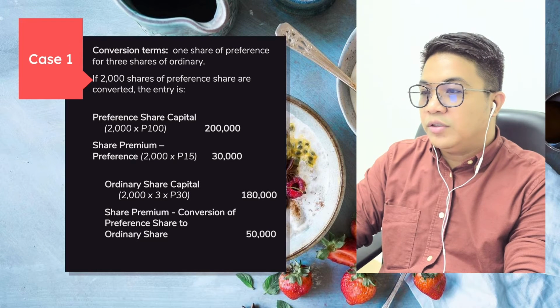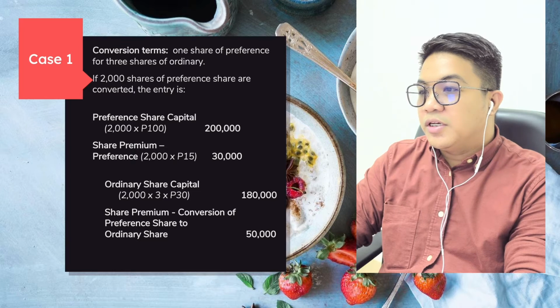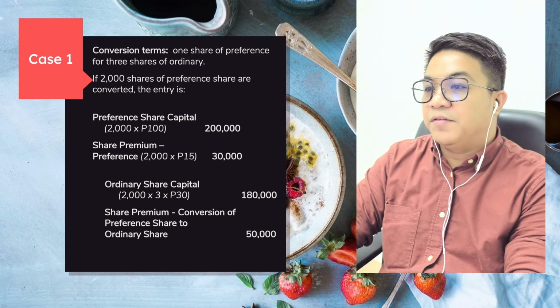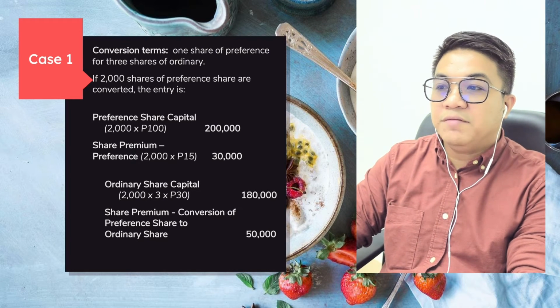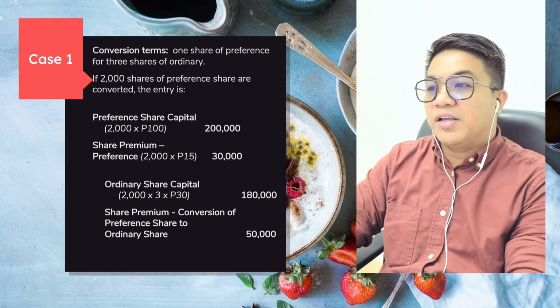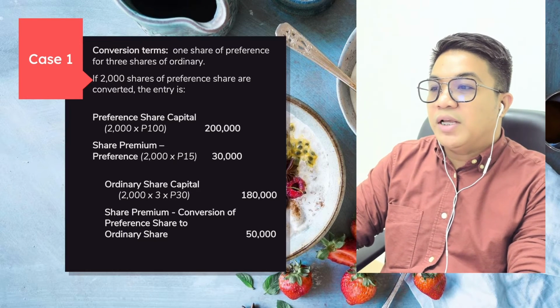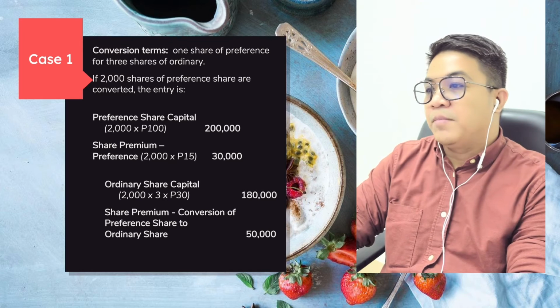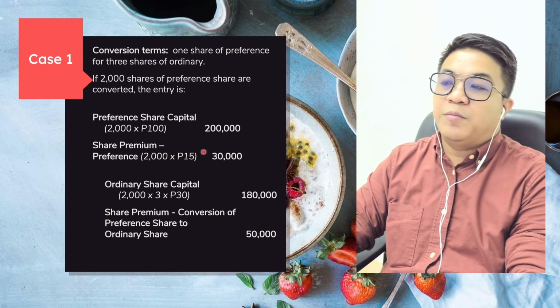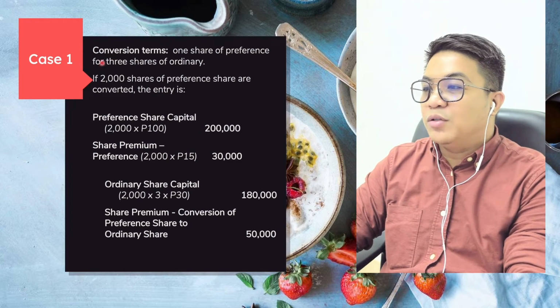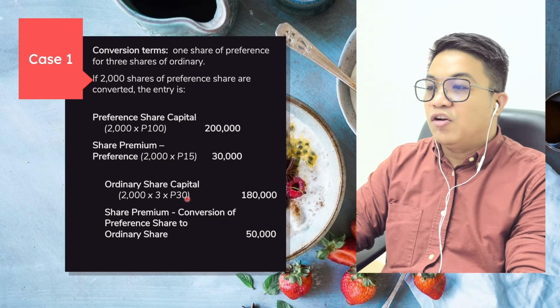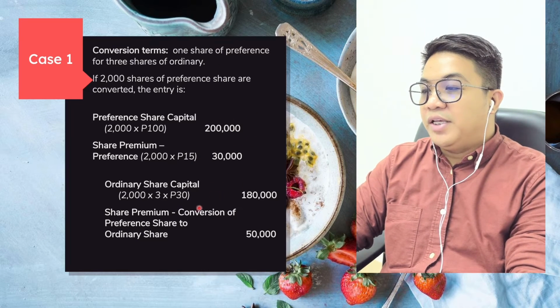Here it says the share premium of the preference is 150,000 given. So when we divide that, 150,000 divided by 10,000 shares, you will get 15 pesos per share for the share premium. Okay? So, just multiply it by the total number of shares converted. You will get the 30,000.